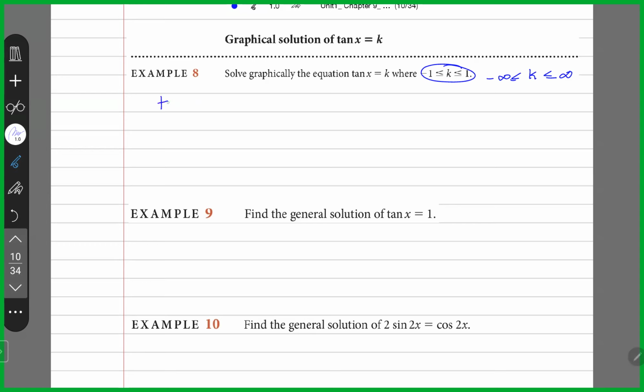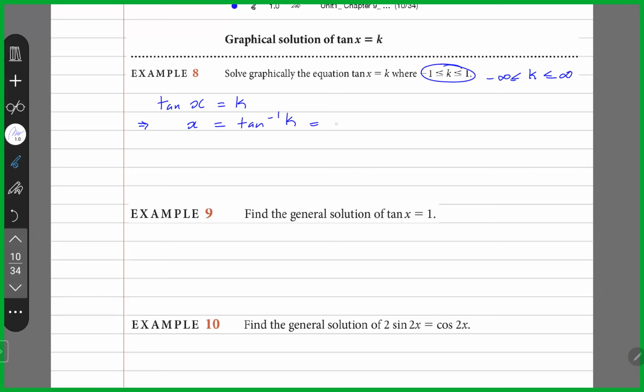So the tangent of x is equal to k, it means that x is equal to tan inverse k.